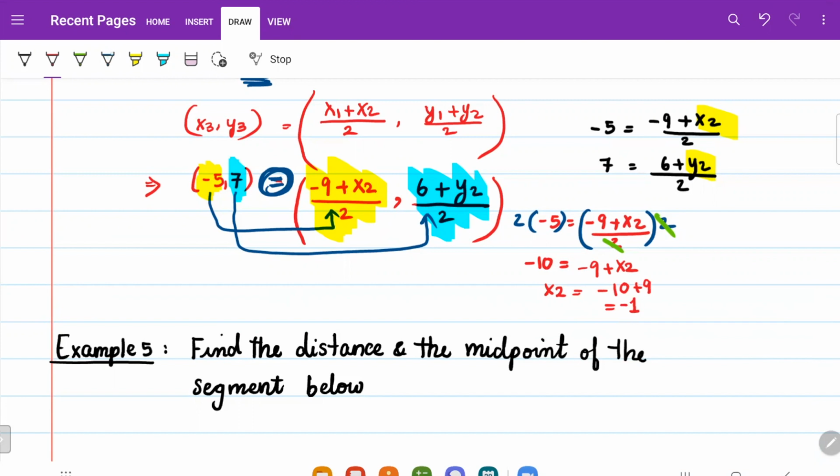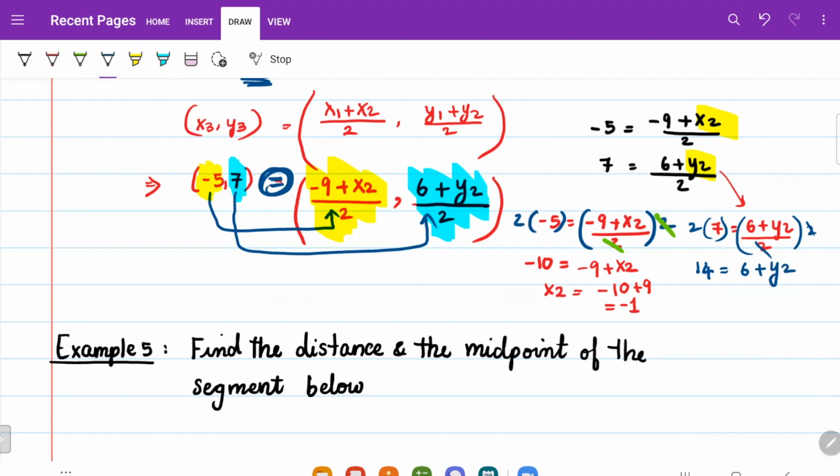Similarly, let's follow the same steps for y2. We have 7 equals 6 plus y2 over 2. We first multiply both sides by 2. 2 gets canceled. We have 14 equals 6 plus y2.